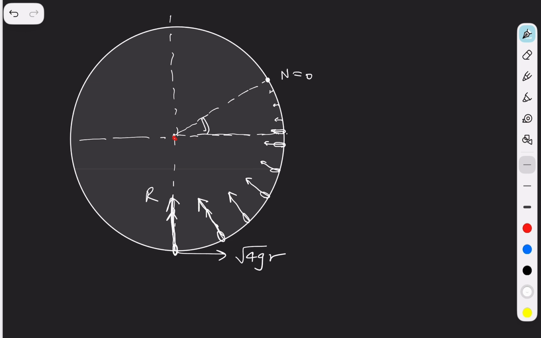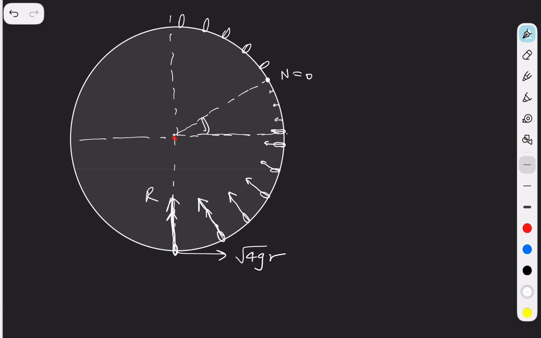Now the ring will start behaving like this. Earlier it was inside; now it is going to move like this, and the normal force will be in this direction.